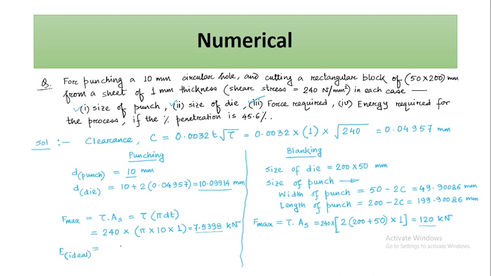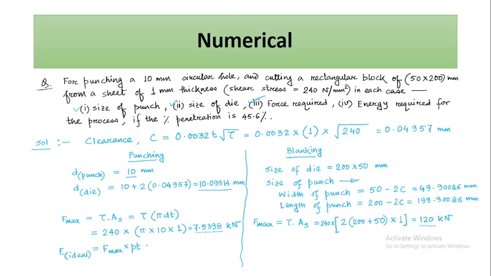Ideal energy that is required, we can write it as F max into PT. Here P is the penetration. What is the amount of penetration? 45.6%.